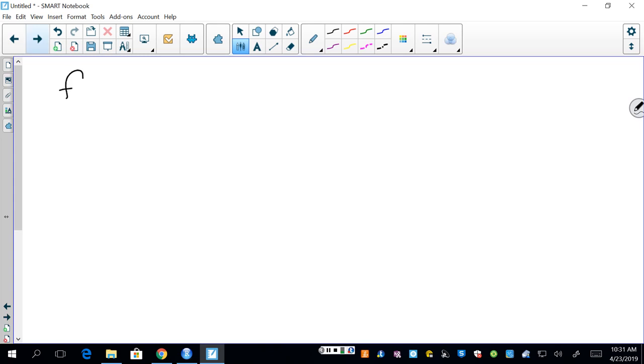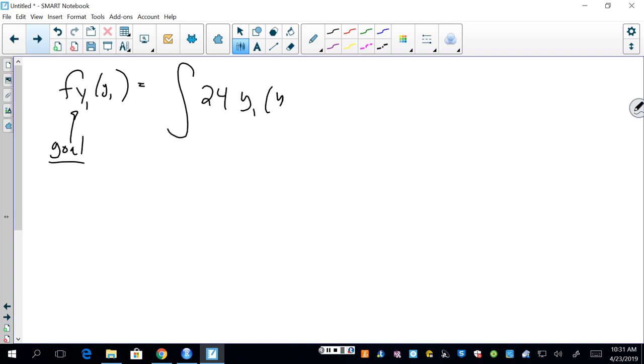So the density for y1, the one we want, this is our goal, we're going to integrate out the joint density, which has 24 y1 times y2 minus y1. We're going to integrate out the second one, to go from the joint to the marginal.